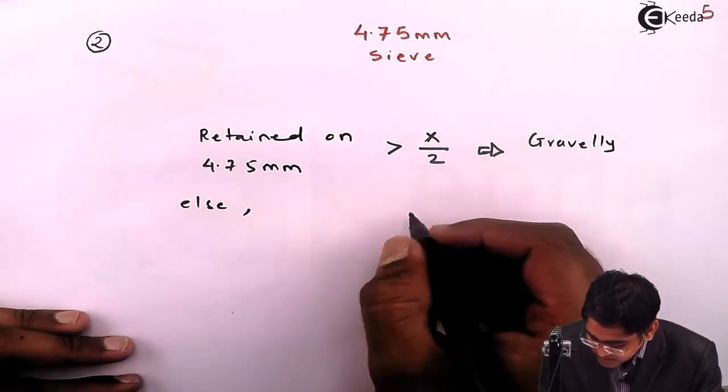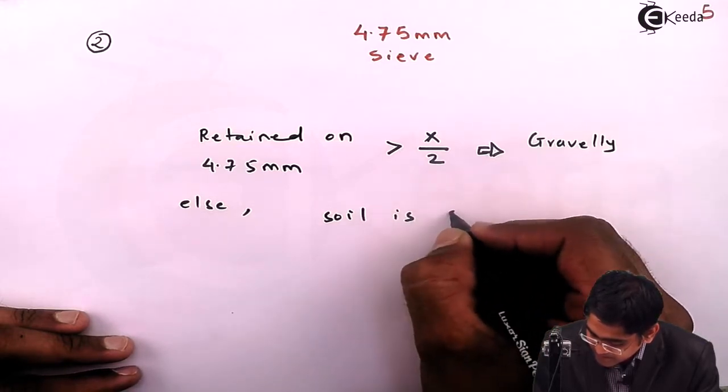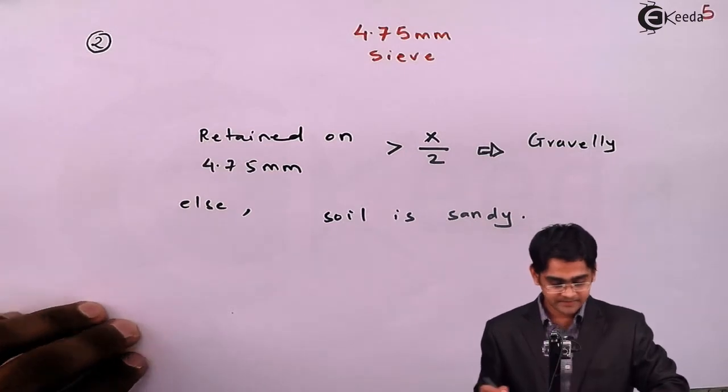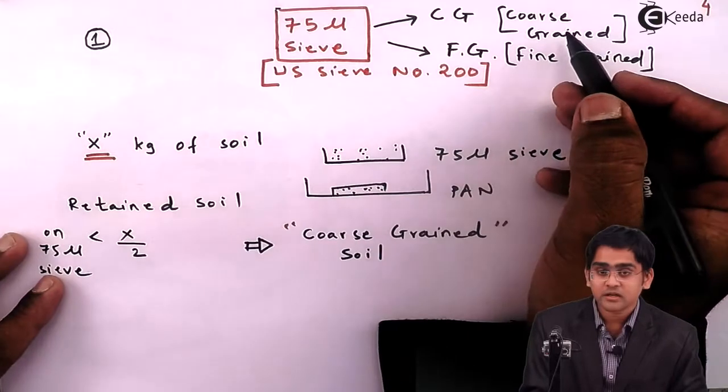Else the soil is sandy. So that's how we classify a coarse-grained soil.